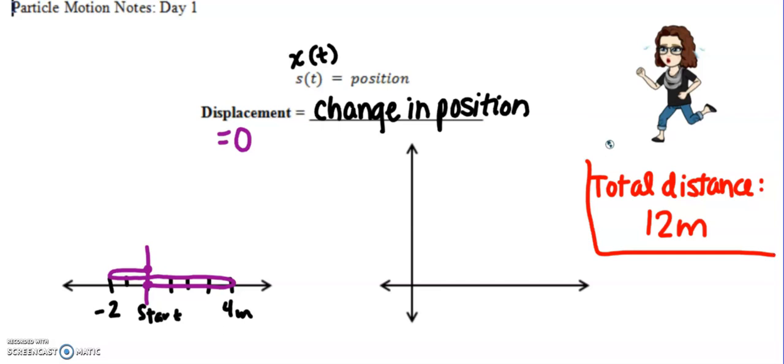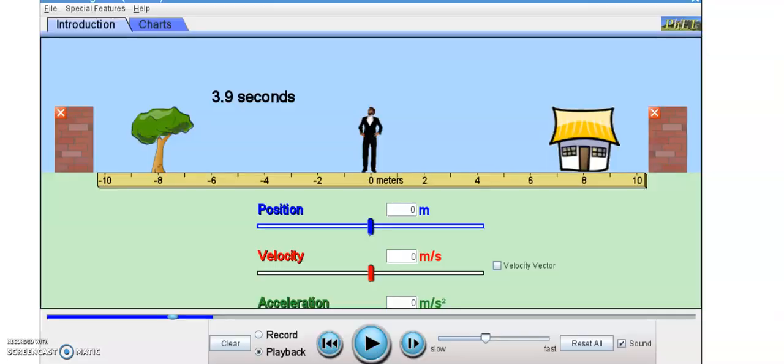So let's see what this looks like on a graph if we plot our distance, our position, x of t, versus the time that our running man was running. So at 1.32 seconds, he's at about 4.